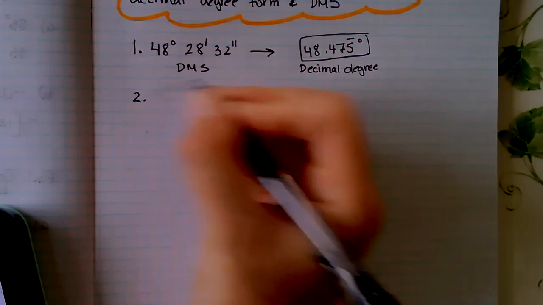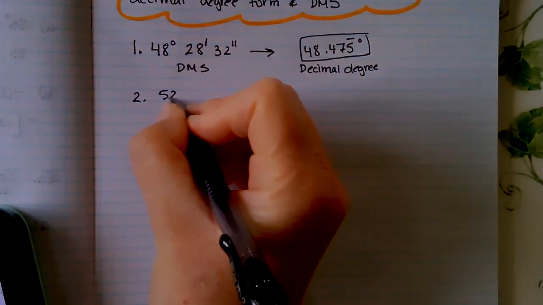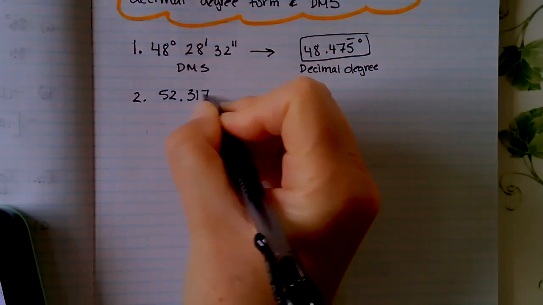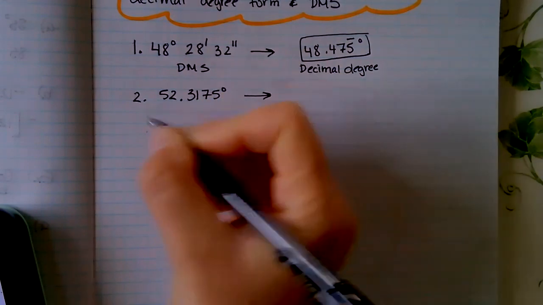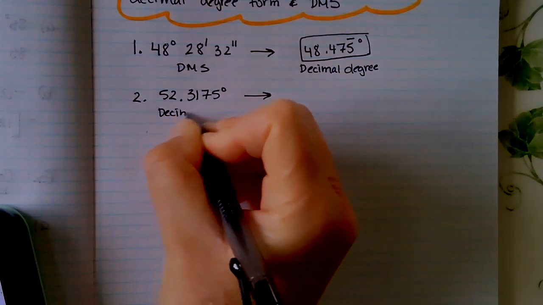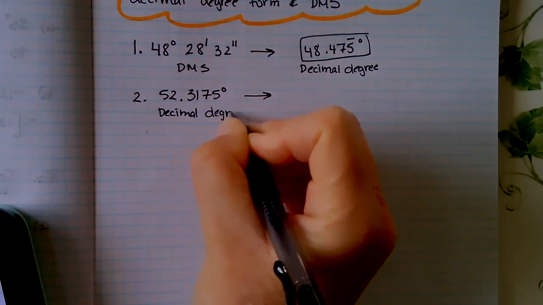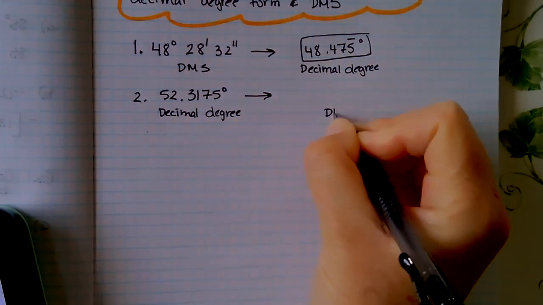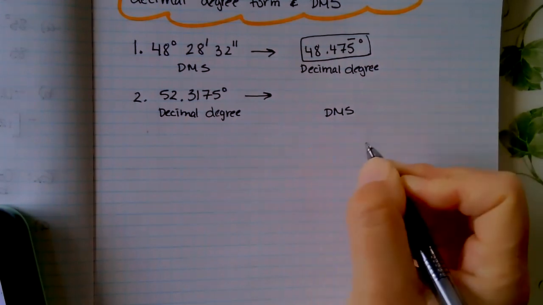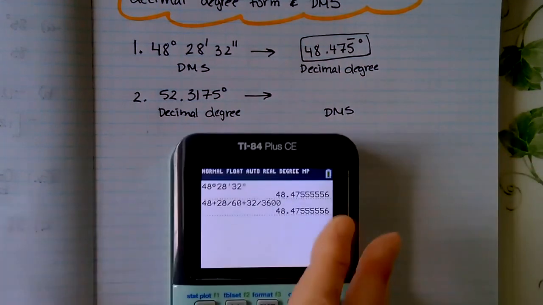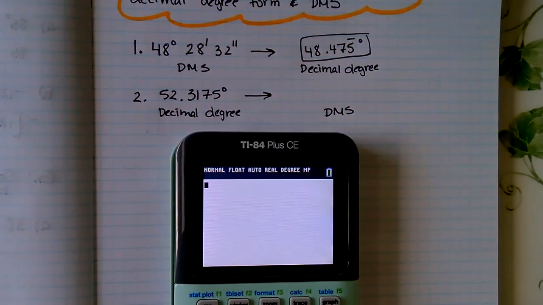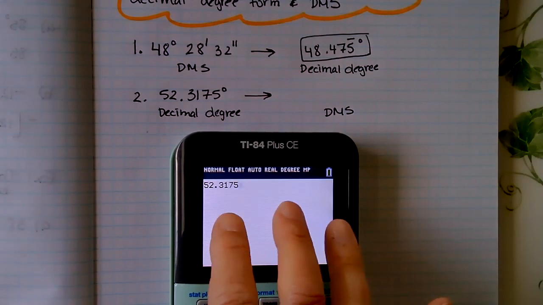Now let's say we're going the other direction, and we had 52.3175 degrees. Now here again, I have decimal degree, and I'm going to be changing it to degree, minutes, seconds. Okay. Now this I actually do find faster. So if I'm doing this, I'm going to be typing in 52.3175, just like that.